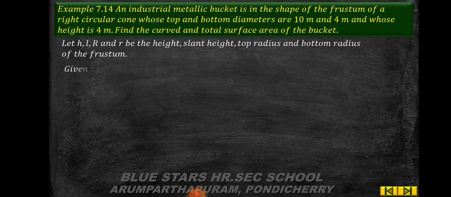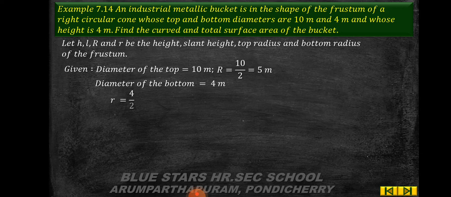Let H, L, capital R and small r be the height, slant height, top radius and bottom radius of the frustum. Given diameter of the top is equal to 10 meter, that is capital R is equal to 10 divided by 2 is equal to 5 meter. And diameter of the bottom is equal to 4 meter, that is small r is equal to 4 by 2 is equal to 2 meter.